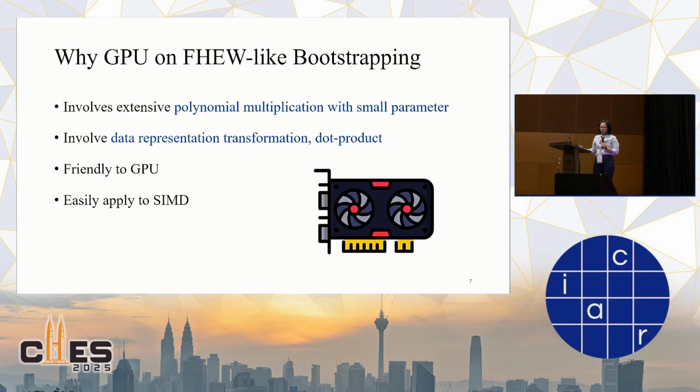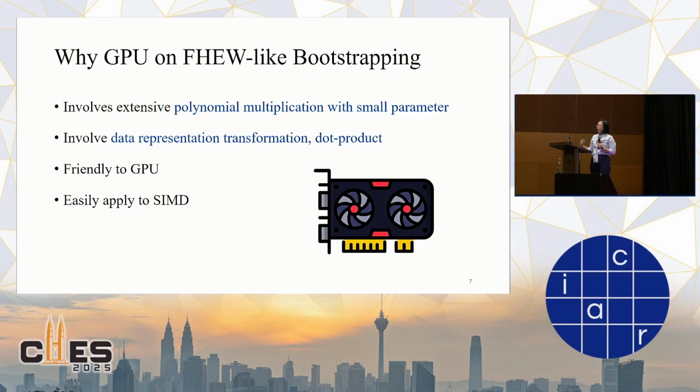Now, let's look at how bootstrapping works efficiently on GPU. Bootstrapping requires a lot of polynomial multiplication, which involves data representation transformation, for example, NTT or FFT, and dot product computations. This is highly suited for GPU acceleration.